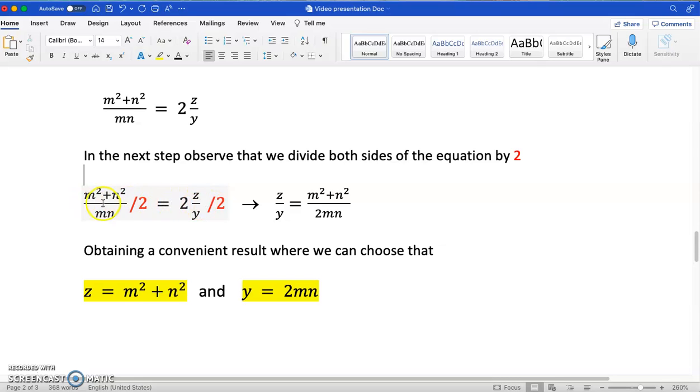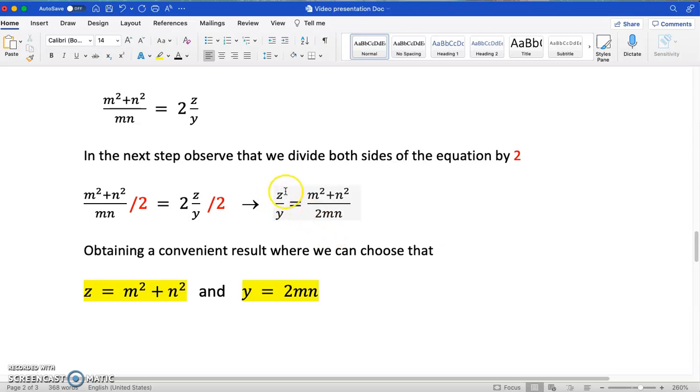When we divide both sides of the equation by 2, we get m squared plus n squared over 2mn on the left, and when we divide by 2 on the other side, we get rid of the 2, obtaining this over here. We get that c over y equals m squared plus n squared over 2mn.